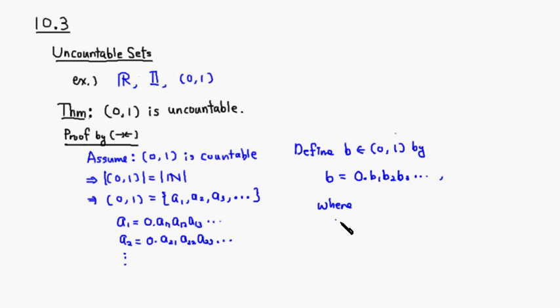and so on. So we say bi is defined to be 0 if aii is equal to 1, and bi is equal to 1 if aii is different from 1.